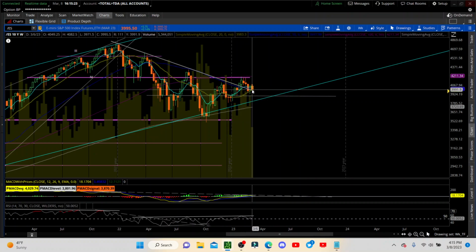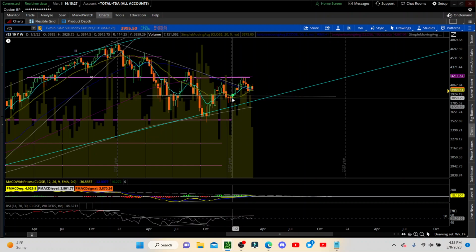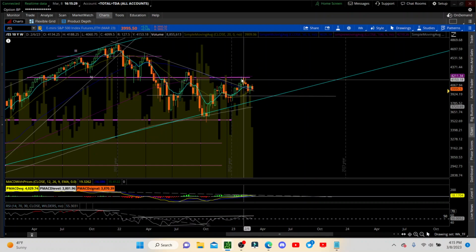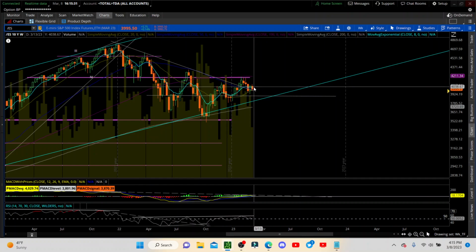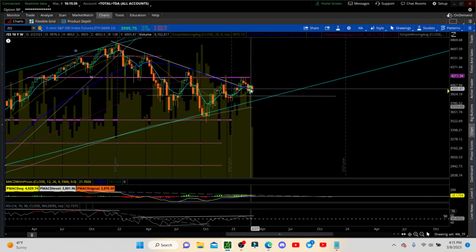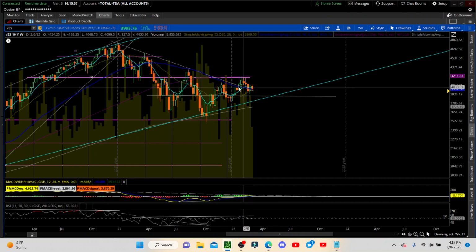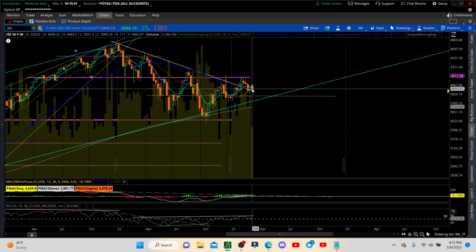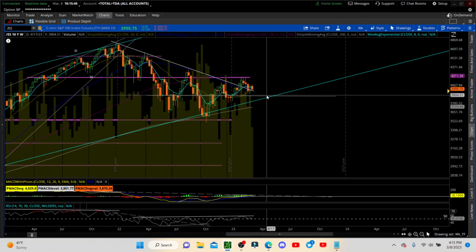If you're a bull, you want to play off of that to the upside with your stop underneath. If you're a bear, you're looking at this rejecting and continuing to move downward underneath. But we're just kind of playing inside all of these moving averages, which they're all coming together, which means a big move on the weekly time frame is imminent.